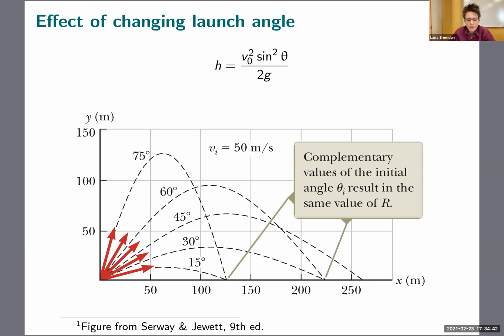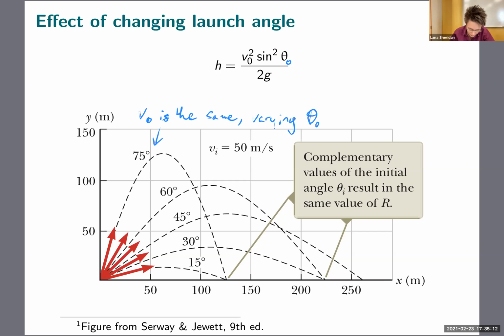Imagine for all of these cases that the launch speed is the same. So in all of these diagrams, V0 is the same, but we are varying theta, the launch angle.